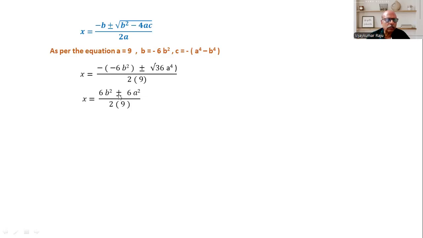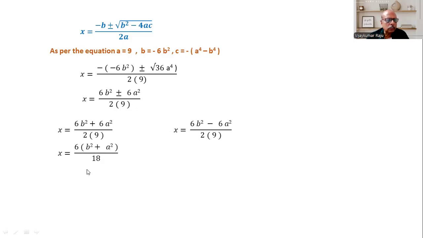Let's take one plus and one minus. So you'll get two values: 6b square plus 6a square upon 2 into 9, and 6b square minus 6a square upon 2 into 9.